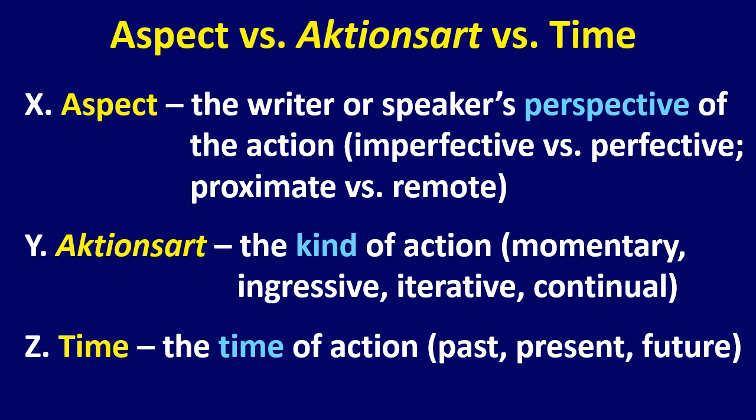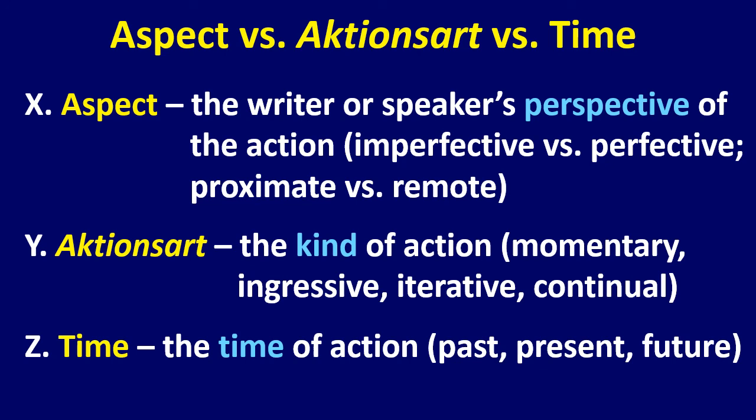Then there's also time of action, of course: past, present, or future. When did that action occur? The only thing that's inherent to Greek verbs and their tense form every single time that tense form occurs is aspect. Aktionsart and time are variable, and you must distinguish that going forward. So get this down firmly in your thinking.